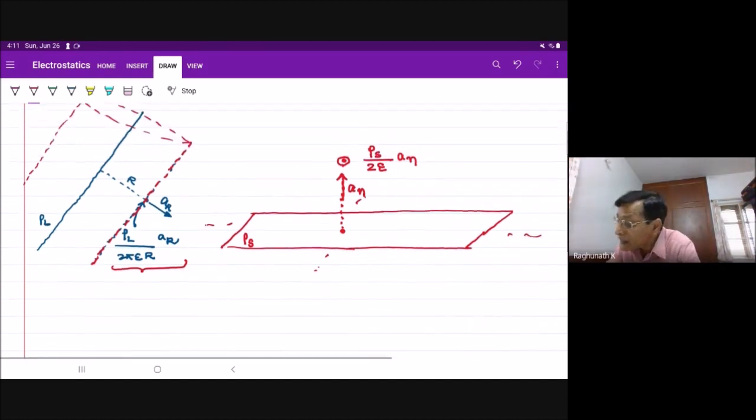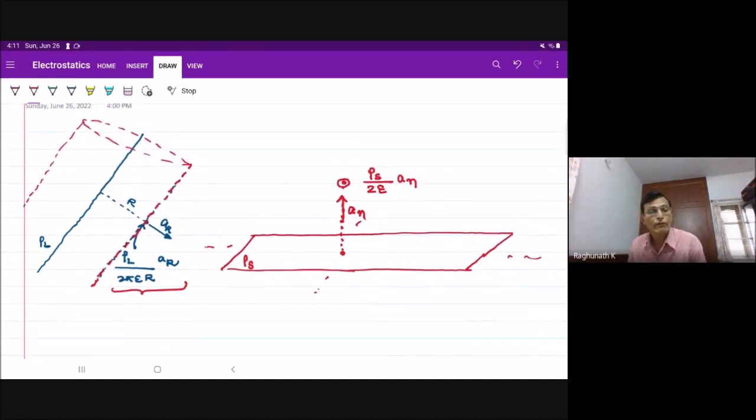We have come to a case where the field is uniform. Definitely hypothetical. We will not normally see infinite surface charges and all.